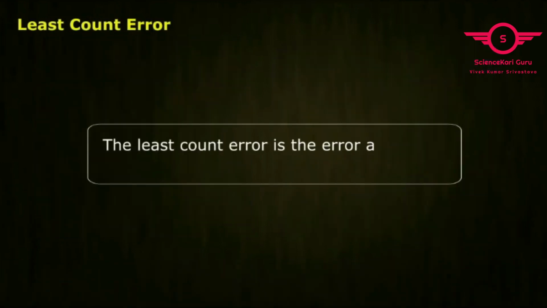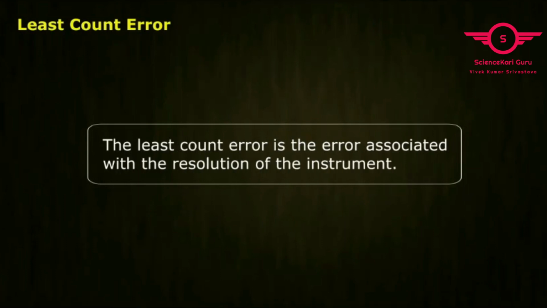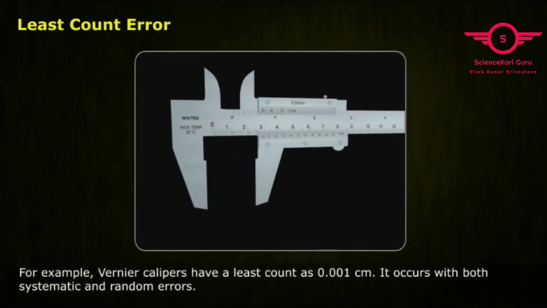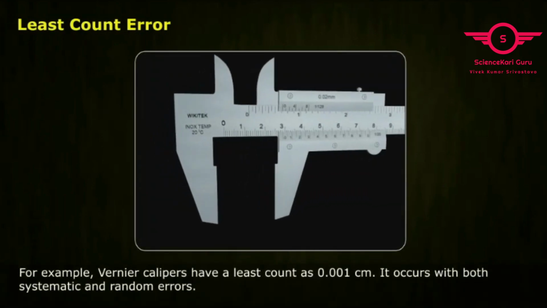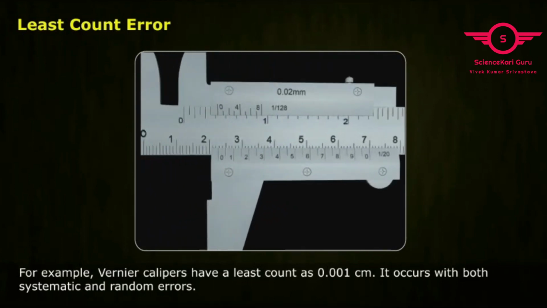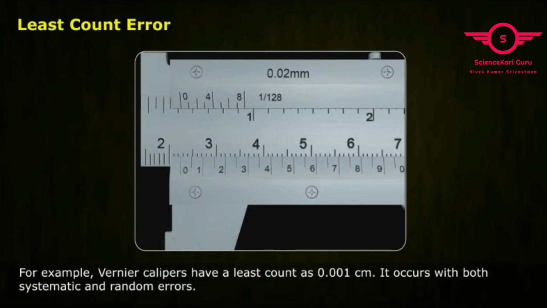Least count error. The least count error is the error associated with the resolution of the instrument. For example, a vernier calipers has a least count of 0.001 centimeter. It occurs with both systematic and random errors.